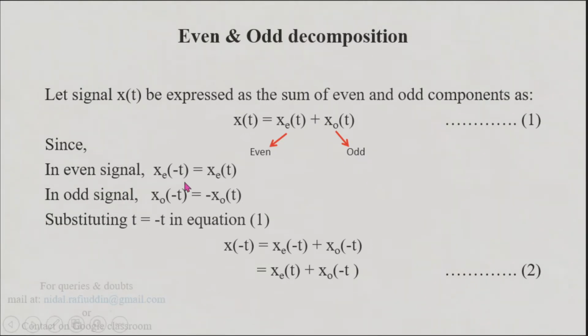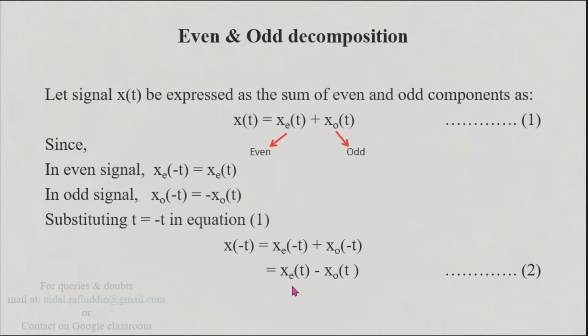From these properties, xe(-t) is equal to xe(t), and xo(-t) is minus xo(t). So x(-t) can be written as xe(t) minus xo(t), and let's call this equation 2.